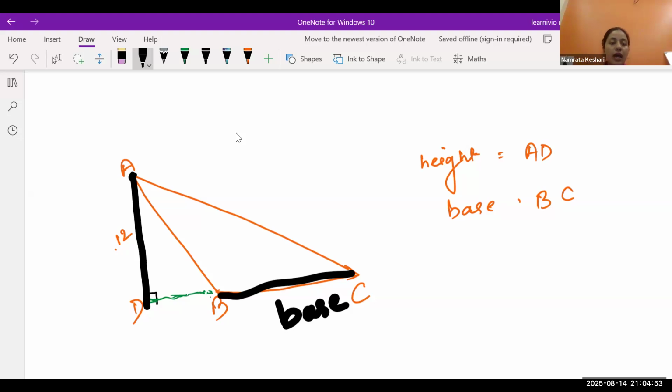Okay, and the base we will be taking BC. Why BC? Because the moment we are extending the side BC, we can see now the height is falling on this side. So we will be taking the original length of one of the sides, that is BC. Is it clear? Yes, ma'am. Let's move.